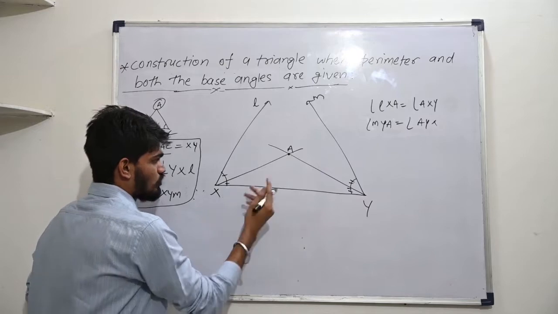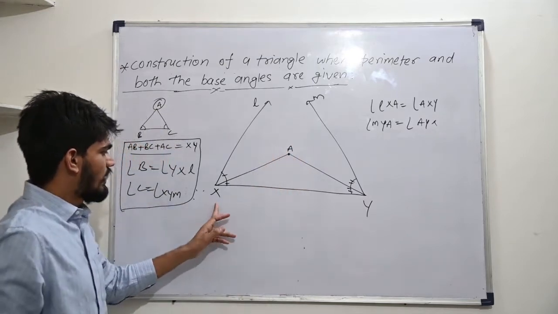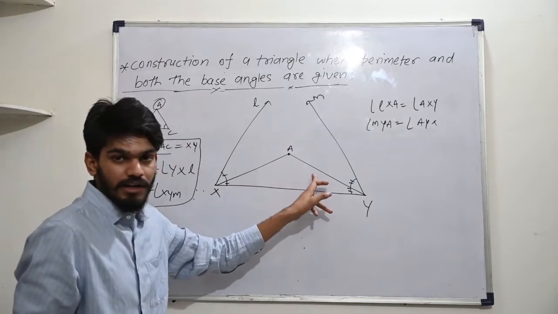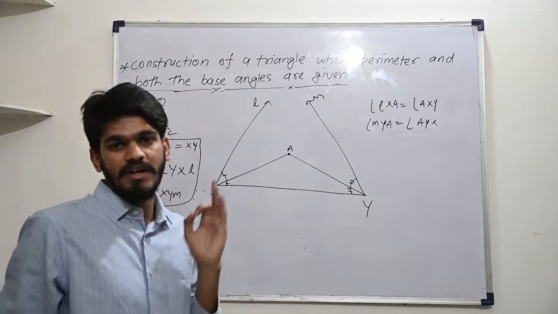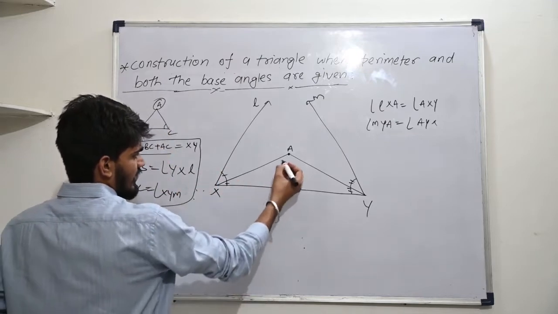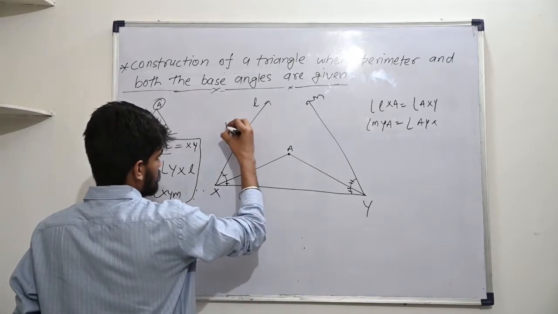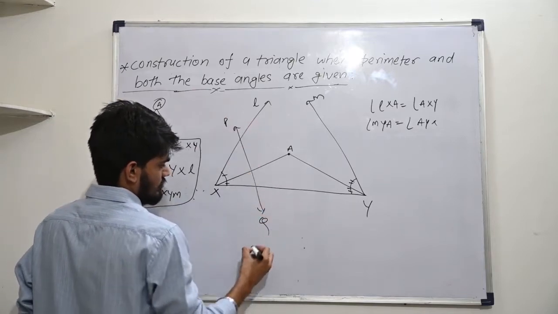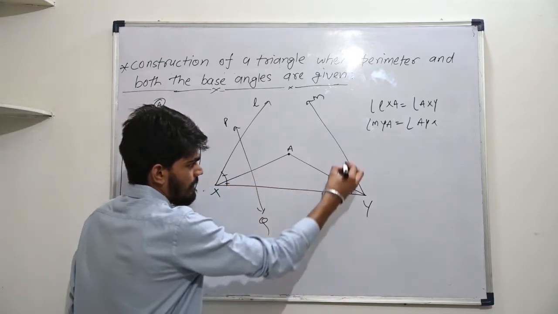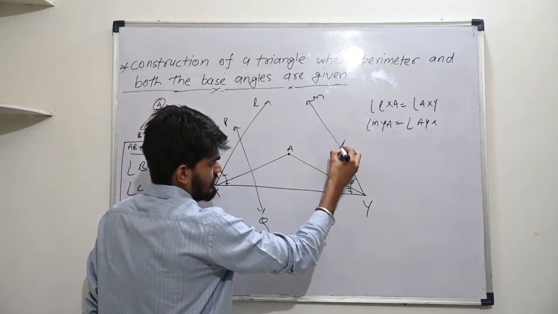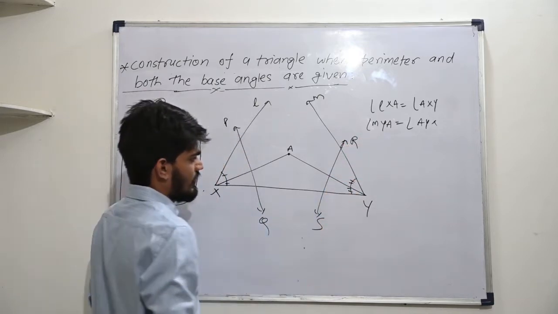Now we have these two lines AX and AY. We have to draw their perpendicular bisectors. Let's say the perpendicular bisector of AX is this line, PQ. And I am going to draw the perpendicular bisector of AY as well. Let's say this is RS.